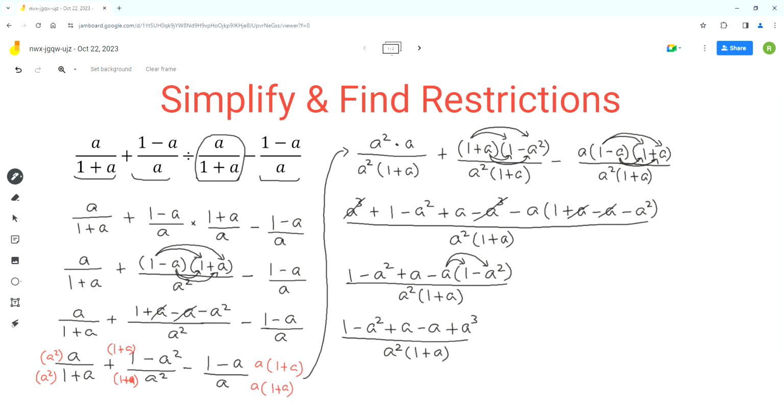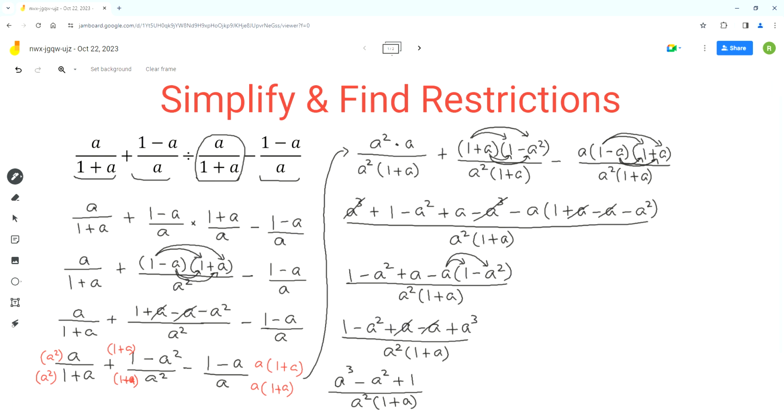Now we can combine like terms, so we can cancel out positive a and negative a, and we are left with, arranging the terms in the highest power of the variable, a cube minus a square plus 1 over a square times 1 plus a.